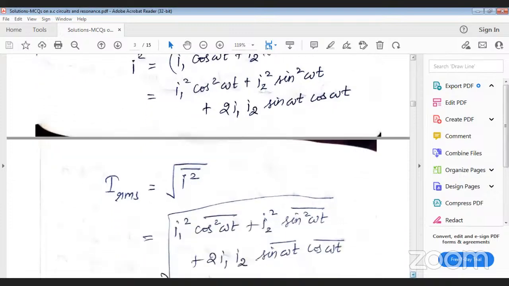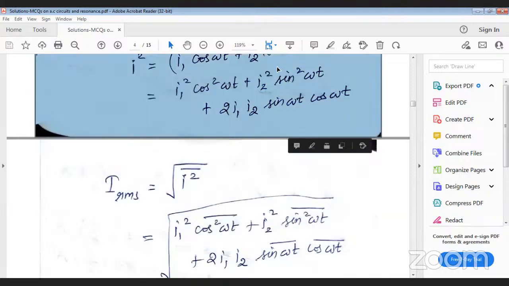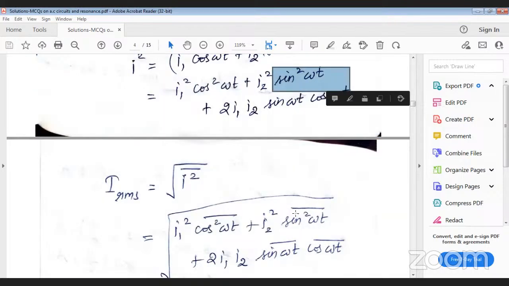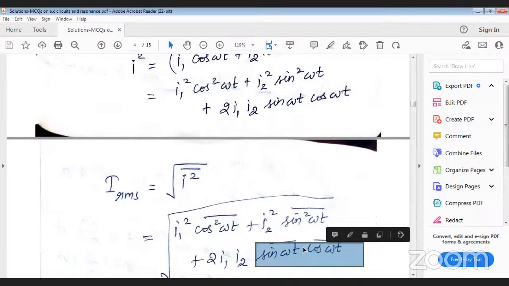So here I have put a bar over cos squared omega t, and also over sin squared omega t, and over sin omega t cos omega t, to denote the arithmetic mean.